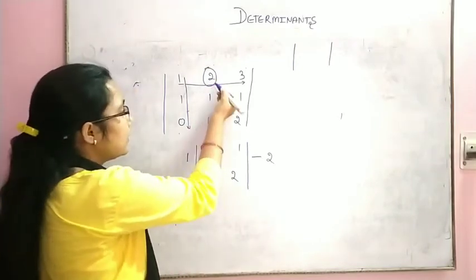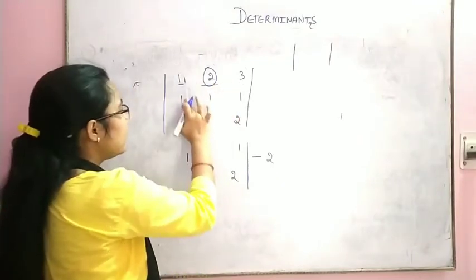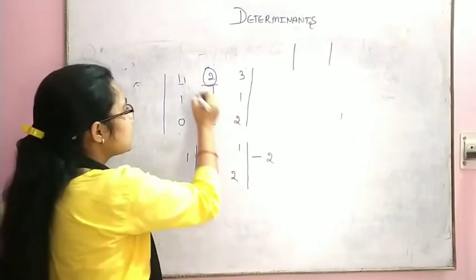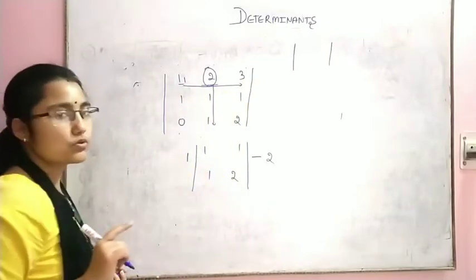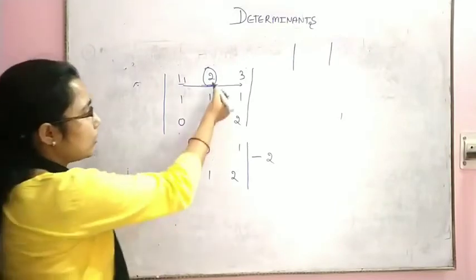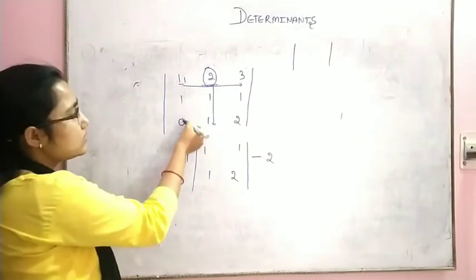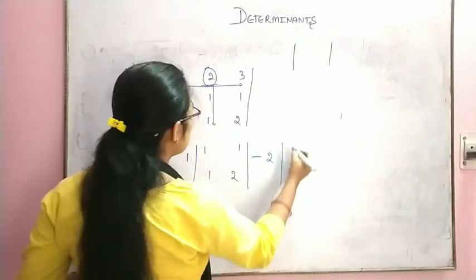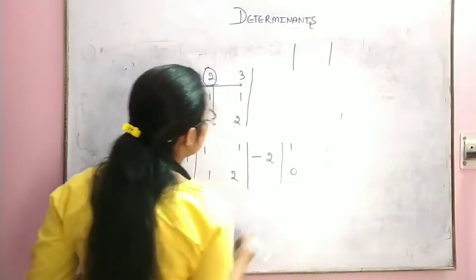Now write down negative 2 and its respective row and column will be cancelled out. 2 belongs to the first row and second column, so the second column and first row will be cancelled out. The remaining elements are 1, 0, 1, 2. Just note down these elements.